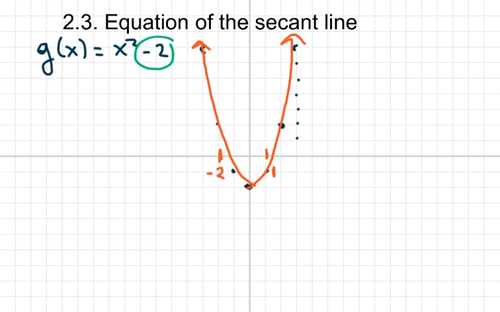Now what they're going to want to do is find the rate of change. They want to know what's happening between negative 2 to 1 for x. So they're saying x goes to c, basically. We'll talk about that later.